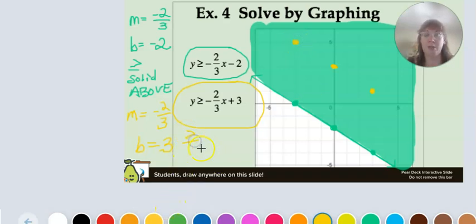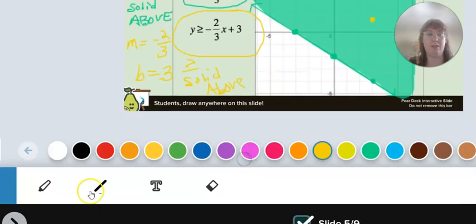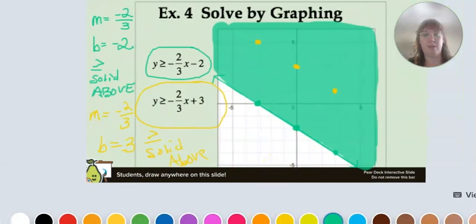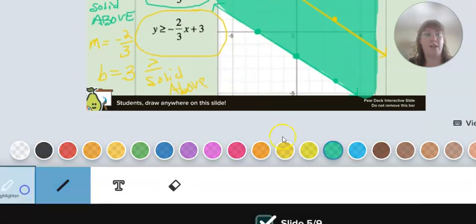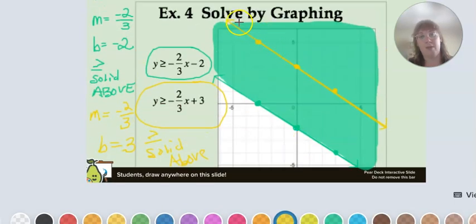It's greater than or equal to, so it's solid, and we're shading above. So we're going to make this line solid. And then we're going to shade above. Perfect.